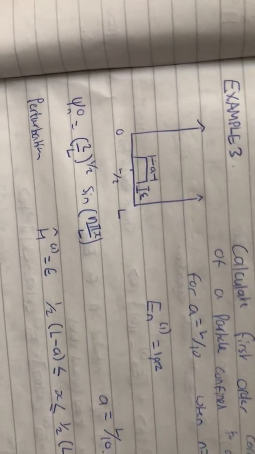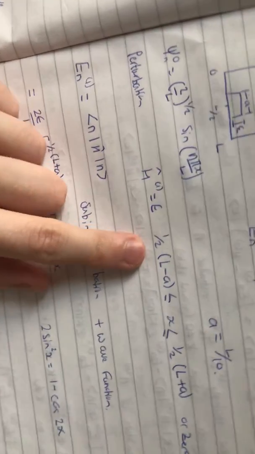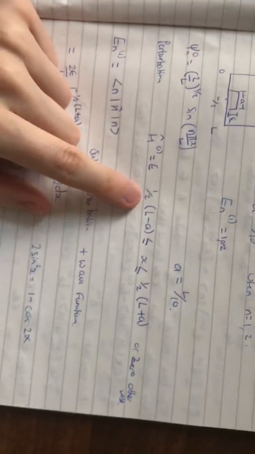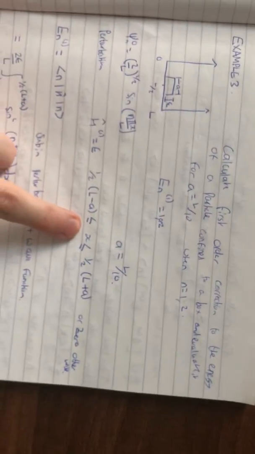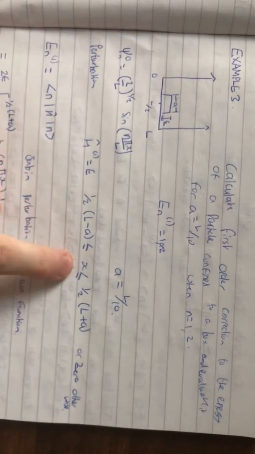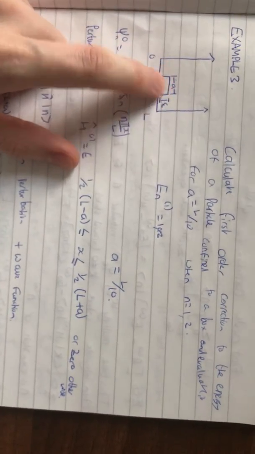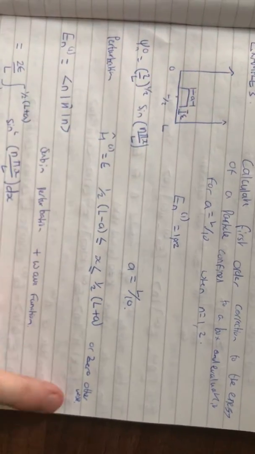So we know that the perturbation is epsilon again, in between L over 2 minus A, which is the length of the perturbation this time, and L over 2 plus A. So it's essentially just stating this part, or 0 otherwise, as in the last example.